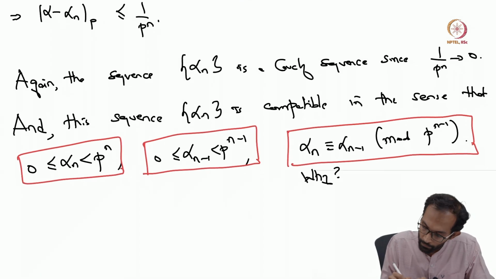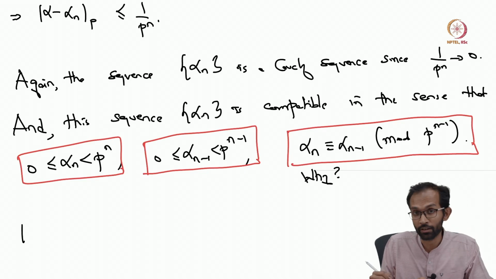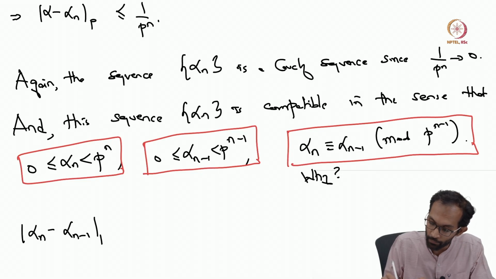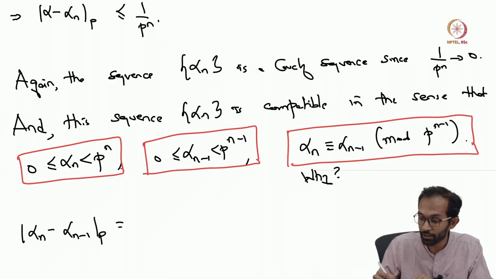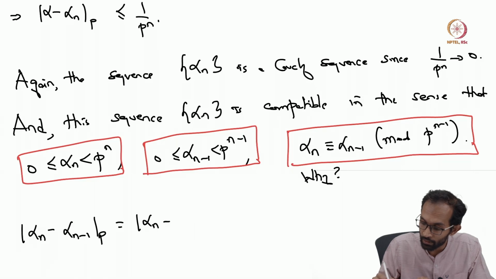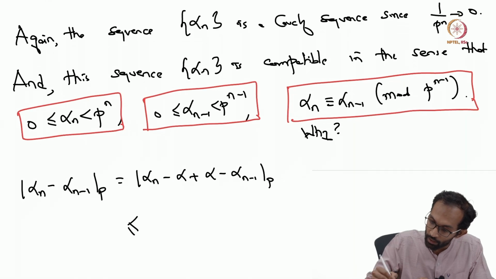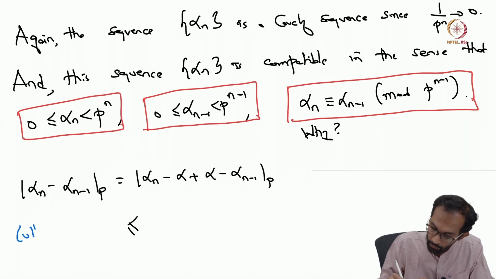To see that the third condition holds, you look at the p-adic absolute value of the difference of alpha_n and alpha_{n-1}, and play the same trick of adding and subtracting a number, in this case alpha. The trick again is to use the ultrametric inequality.